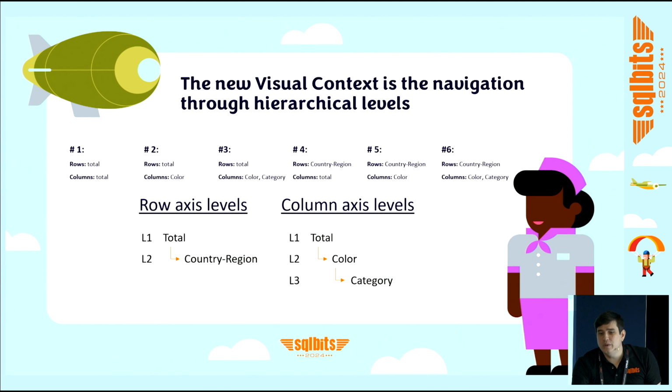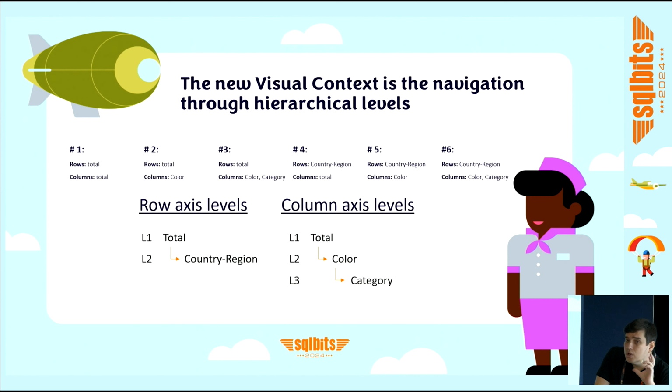So, with all of those 6 combinations of levels between the row and the column axis, I can have like a hierarchy. So I have for the row axis, the total as level 1, and the country region as level 2. And for the column axis, I have the total, color, and then category.